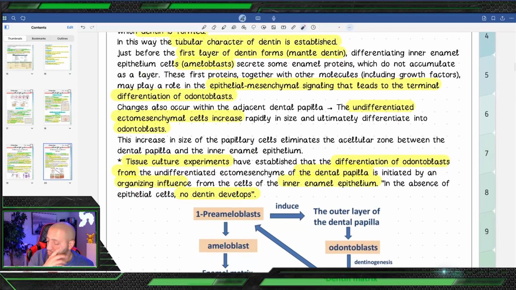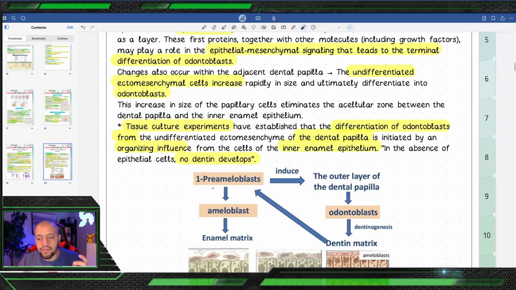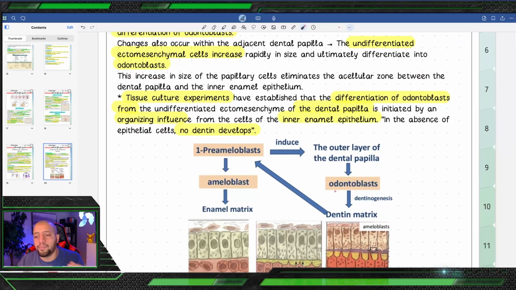So you're going to tell me, okay, how come they confirm this theory? Now you're telling me about a theory about pre-ameloblasts sending signal to the odontoblasts to give dentin matrix and all this. Tissue culture experiments have established that the differentiation of odontoblasts from undifferentiated ectomesenchymal cells of the dental papilla is initiated by organizing influence from the cells of the inner enamel epithelium.